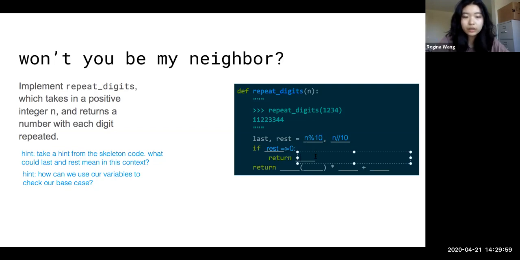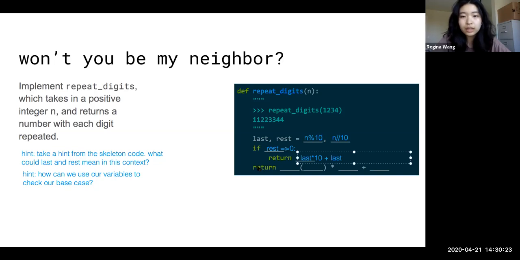To do that, I shift the last digit over by 1 by multiplying it by 10, and then add the last digit again. In the dog test, it would be 4, which is last, times 10. So we get 40, and then you add last again, 4. So in the end, we return 44.